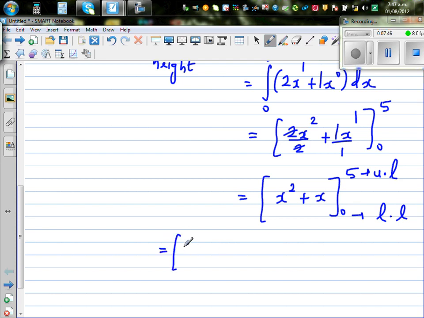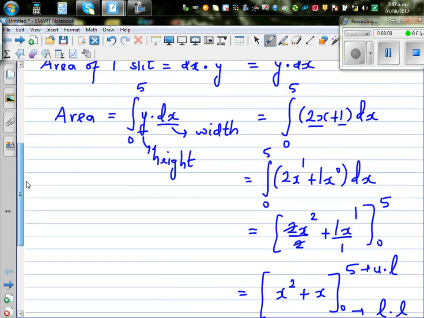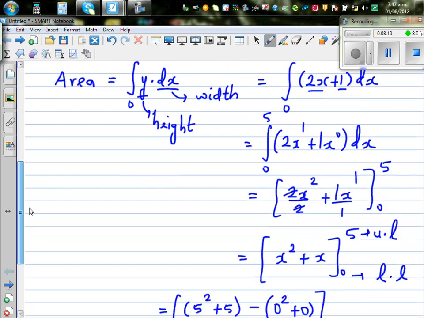This means this is pi squared. So let me put this in the bracket. Pi squared plus pi, minus you have to put the lower limit, so that is 0 squared plus 0. Okay, so this is 25 plus pi is 30.